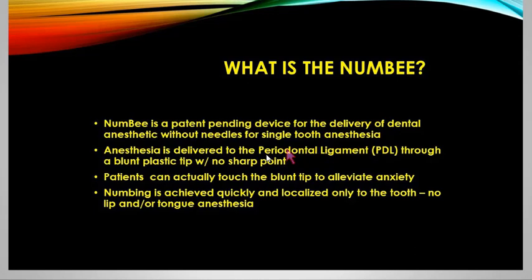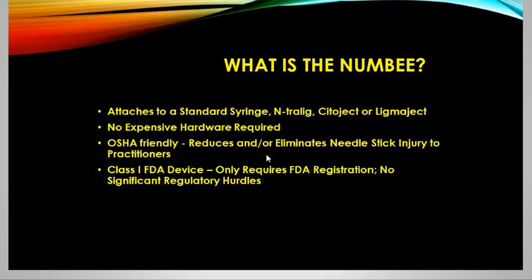I'll show you what that looks like. And patients can actually touch the blunt tip, and they'll see there's not a needle at the end of the tip. And it allows really quick, localized anesthetic without lip or tongue anesthesia.